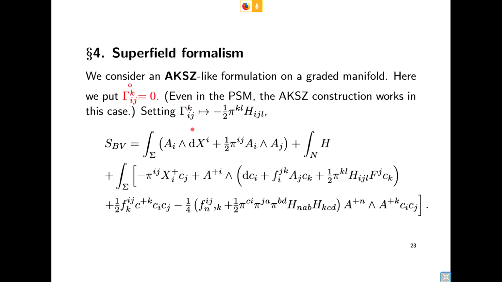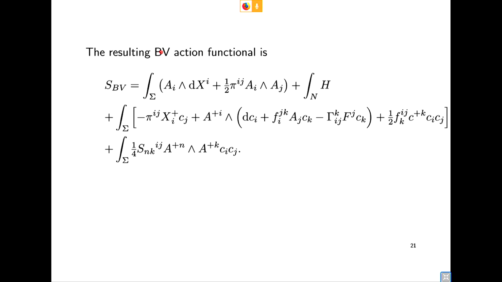So we take the symmetric part of gamma equal to 0, so only the torsion part remains. So we obtained a rather complicated BV action from this action.